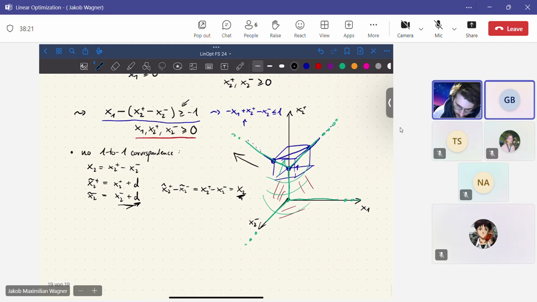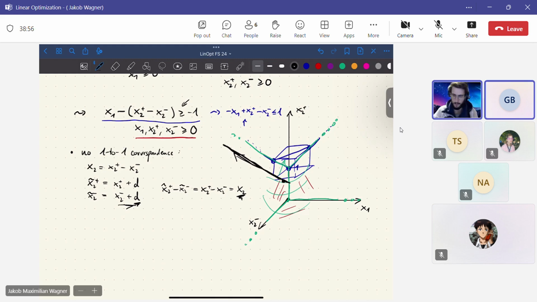There is no one-to-one correspondence between feasible points in the original set and this reformulation, because if you have one point in this three-dimensional feasible set, then this whole line corresponds to the same point in the original two-dimensional feasible set.